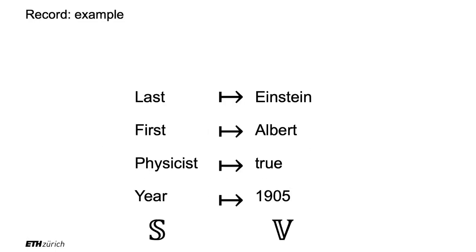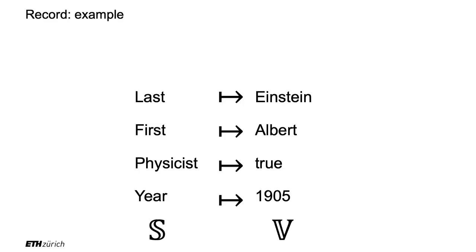This is an example of a map, and thus that's a record. So what we have here, it's a map. I used the mathematical way of putting it. I could also have used the pictures with arrows and so on, but I just decided to do it more formally. So it's a mathematical definition of a map, a partial function, that associates 4 attributes. There's many attributes, but 4 of them, last, first, physicist, year, get associated with a value, right?